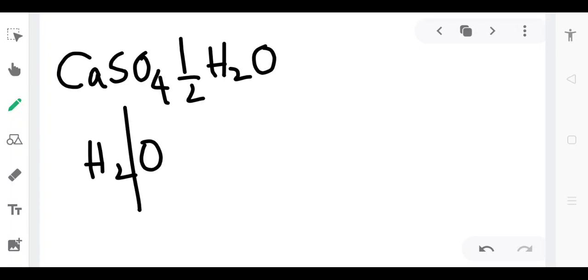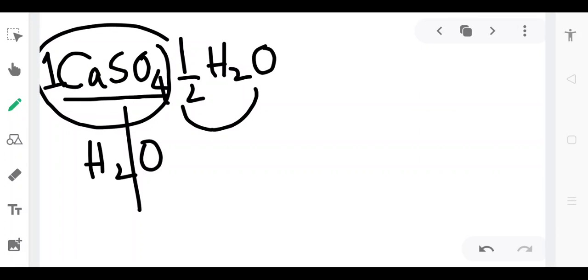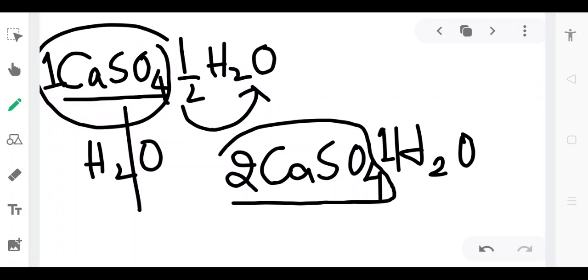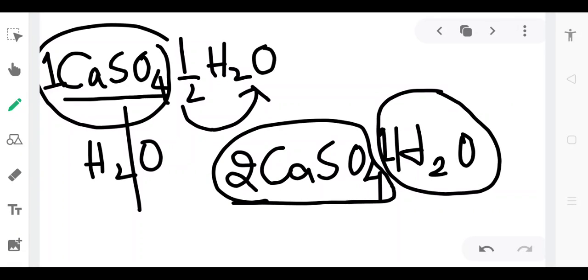Here you can see one calcium sulfate molecule is associated with half, but we haven't broken the water molecule. It means that two calcium sulfate molecules can be associated with one H2O molecule. So two calcium sulfate molecules together can share one water molecule.